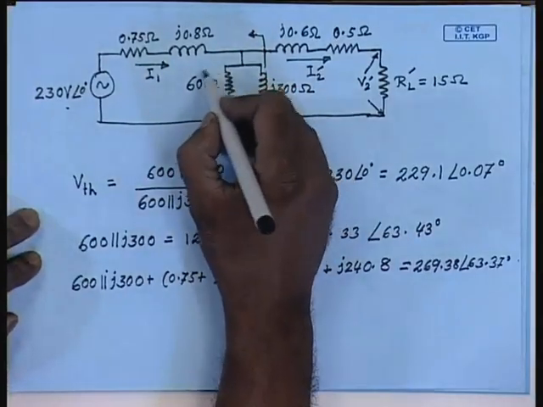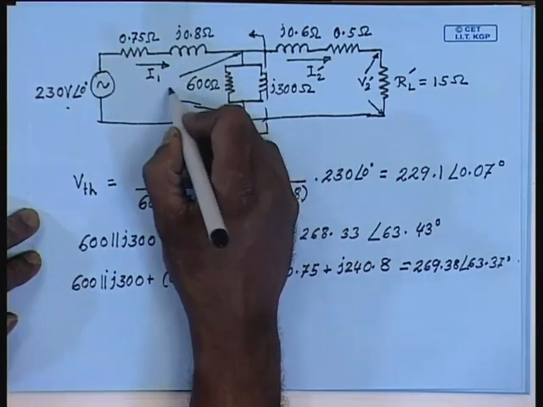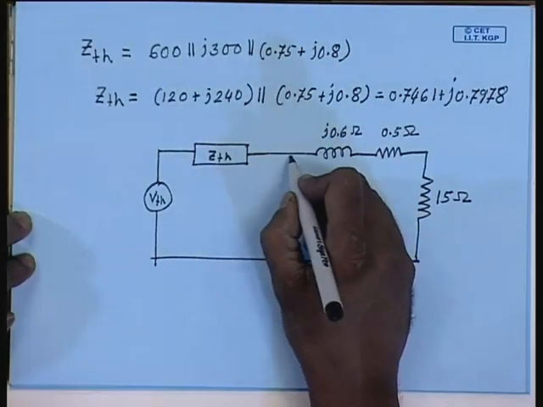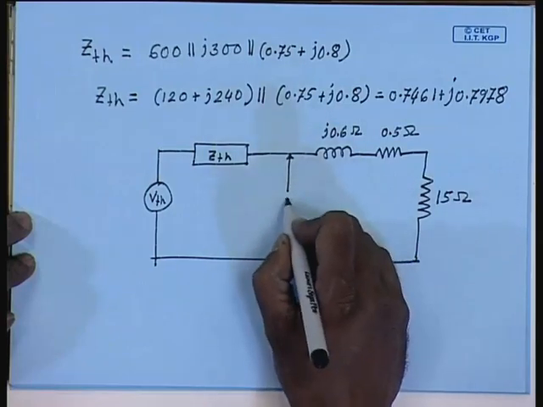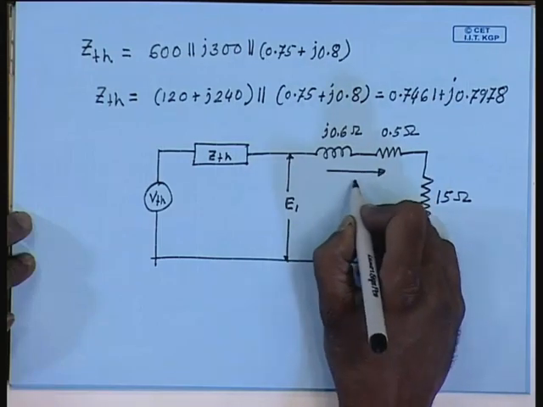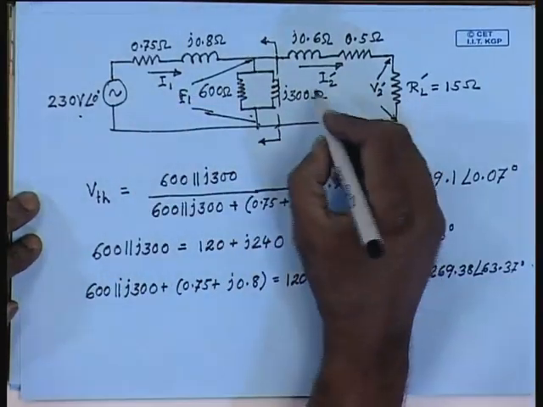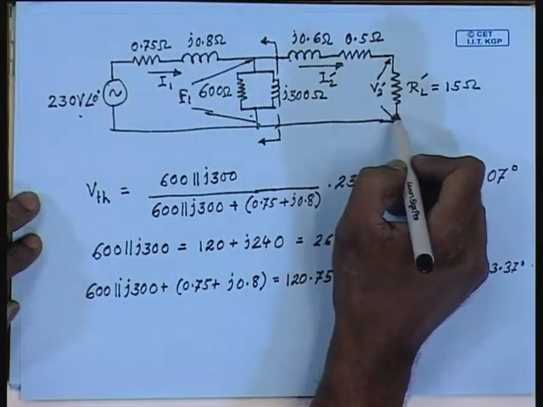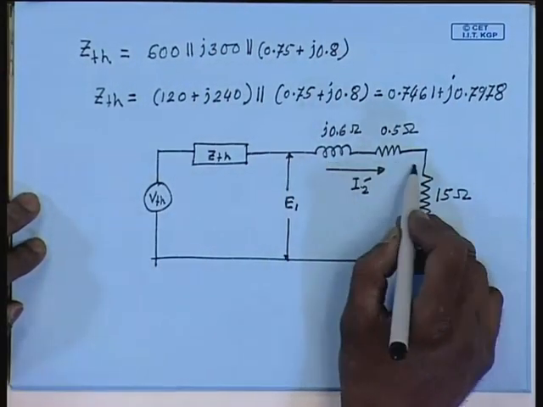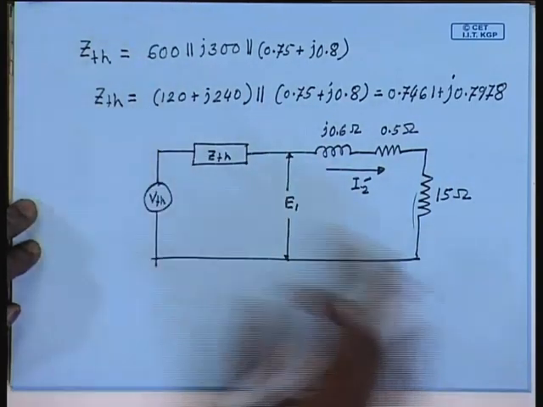Please note that if this voltage in the actual circuit was E1, the voltage at this terminal will also be E1. Since E1 equal to I2 dash into this complete impedance, here also E1 equal to I2 dash into this impedance, and this impedance do not change because only the input side has been changed.